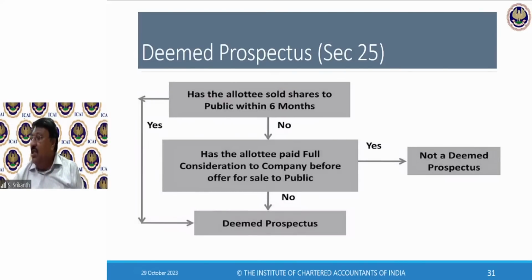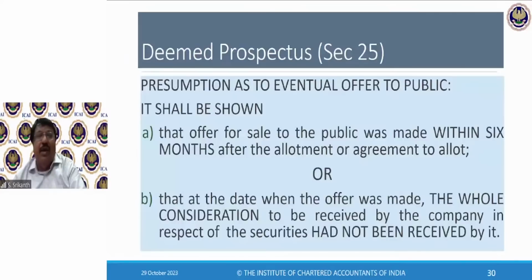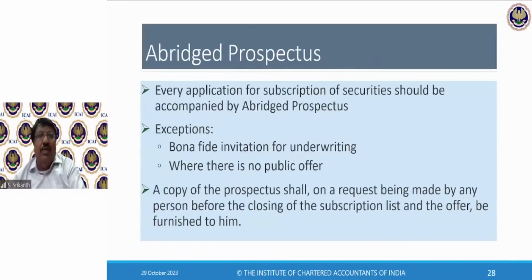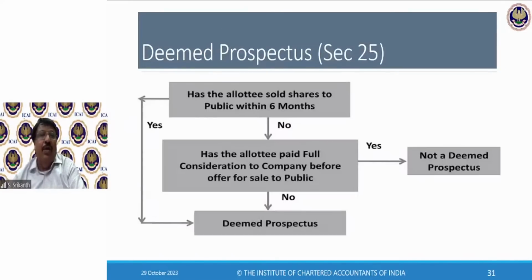If within 6 months but not paid full consideration, Anna, this flowchart has very clearly told you, if within 6 months, straight away go, deemed prospectus. If within 6 months, but paid full consideration, it doesn't matter. You understand? In this chart, you don't think it is not there. It doesn't matter is the point. Anmol, listen to me. Don't try to bring everything into this chart. There is no need.